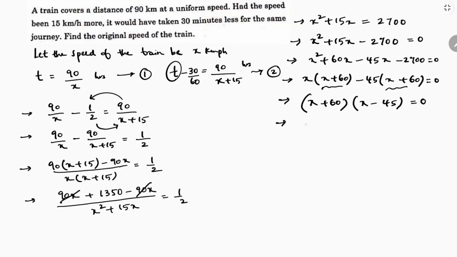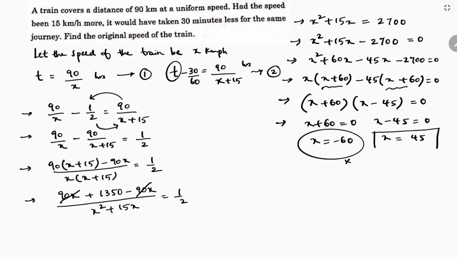So x plus 60 equals 0 and x minus 45 equals 0. x equals minus 60, and x equals 45. See, speed cannot be negative. So the correct answer is 45 kilometers per hour.